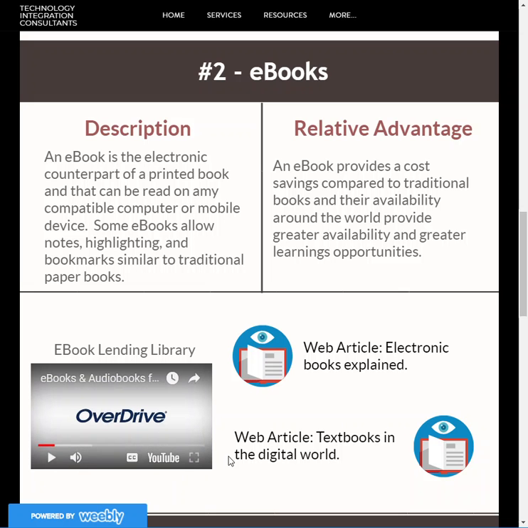So you can watch the video, and Overdrive is a learning library. It's available to libraries and to schools, and a very useful program there. The next thing we have for the resources is a web article.